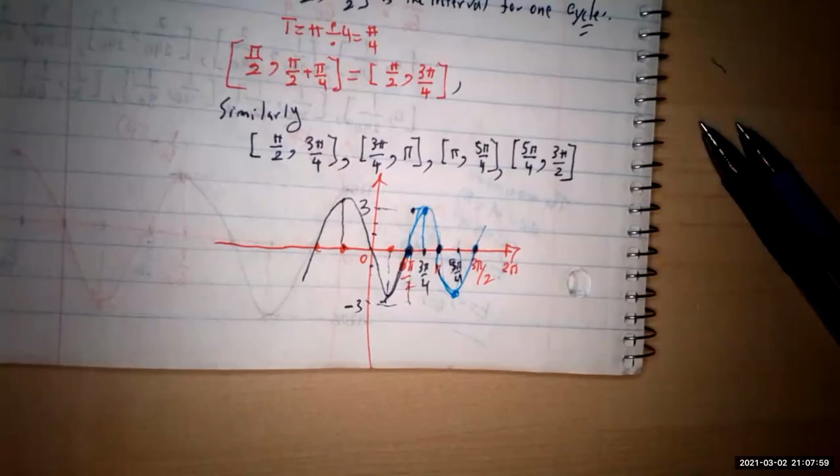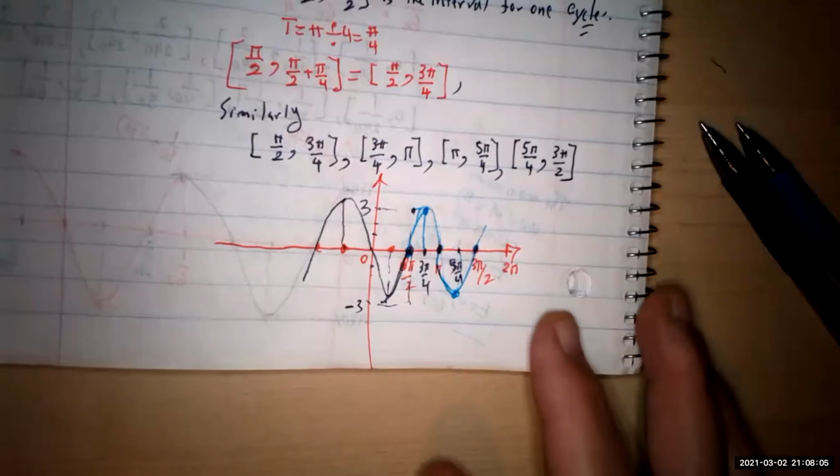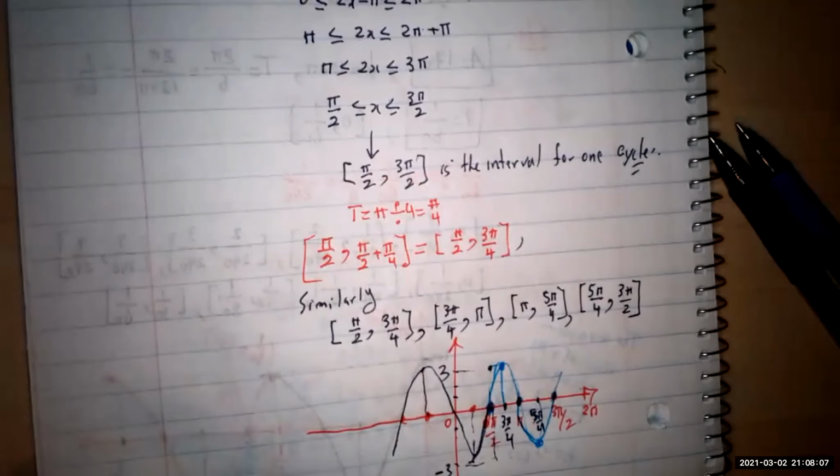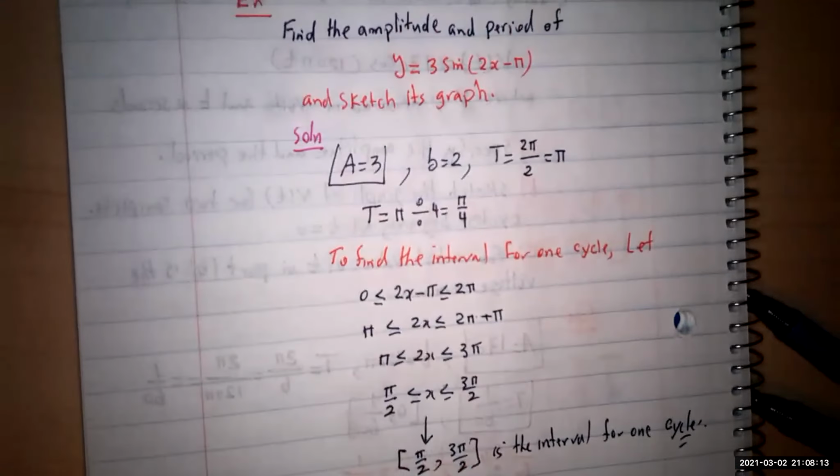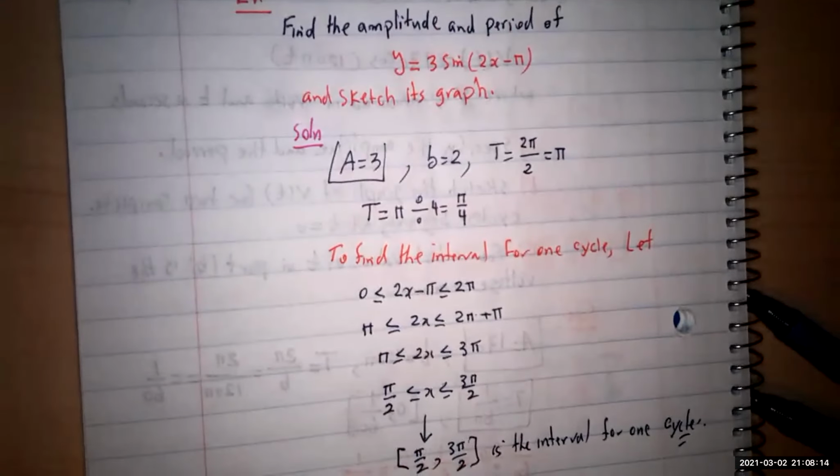And yes, if you want to do it with the shifting, and you are good on the idea of the algebra, you have to graph this one first: y equals sine of 2x.